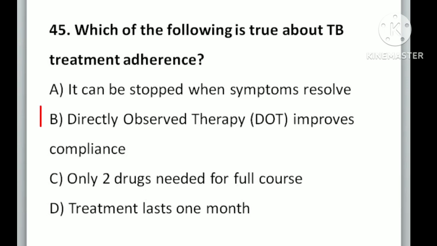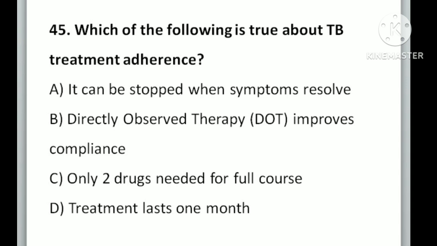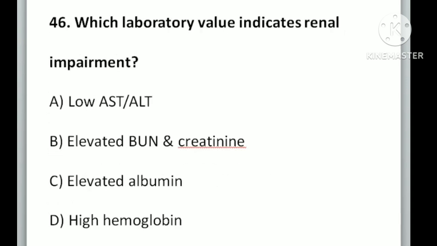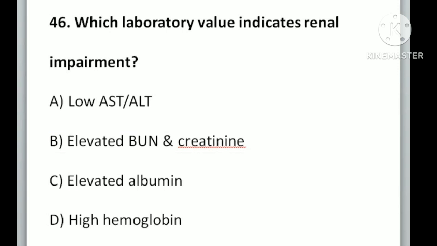Correct option is B. Directly observed therapy improves compliance. 46. Which laboratory value indicates renal impairment? Correct option is B. Elevated BUN and creatinine.